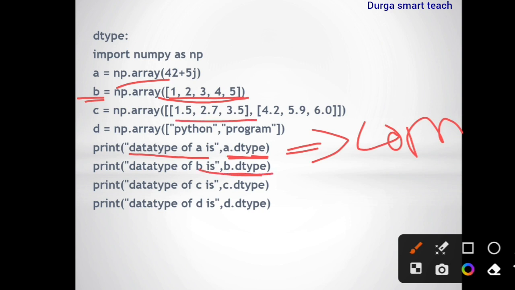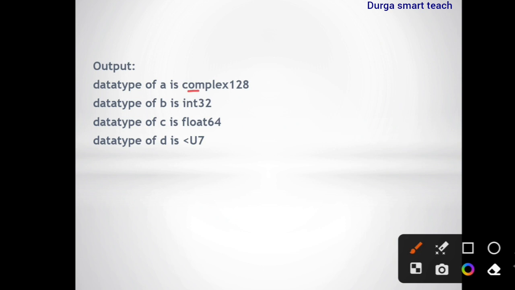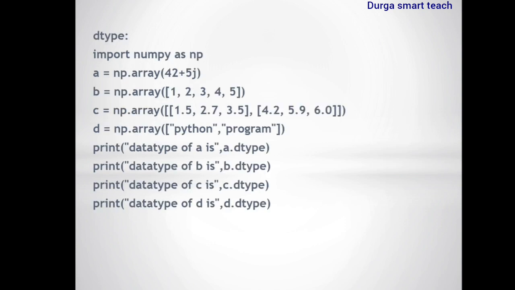After that, here it contains a decimal point, so this is float. Next, Python program: a collection of characters is known as string. So here it will print string. Let's see: complex, int, float, U. U means string. In this way you can display the data types of arrays.